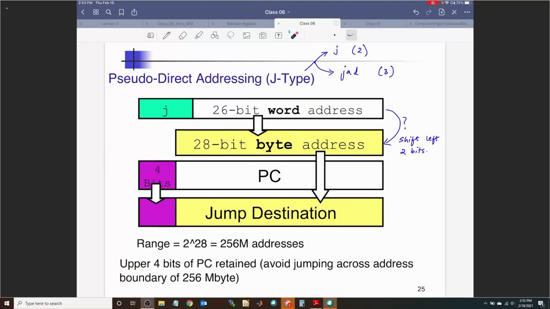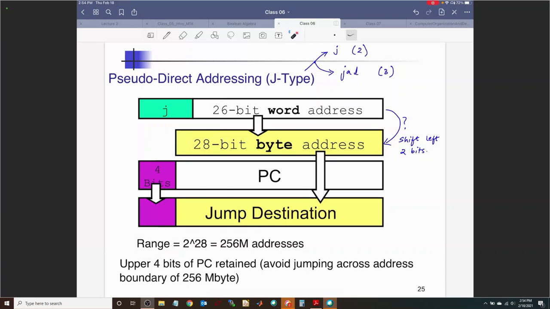So if I'm looking at bytes and I want to find how many byte addresses over which I can jump, I need to consider 2 to the 28, right? In other words, if you were asked what the range would be in terms of words, then you would not use 28, you would actually use 26, right?